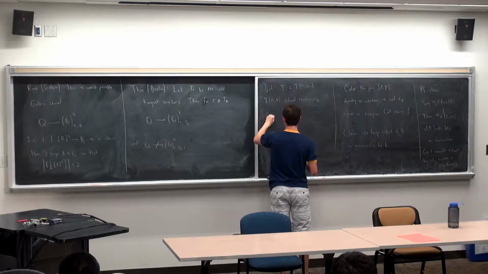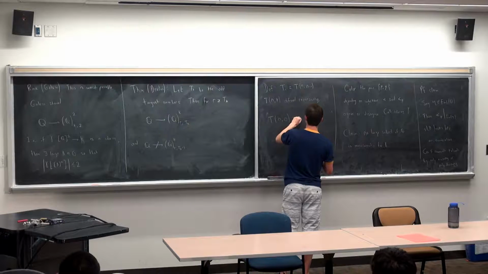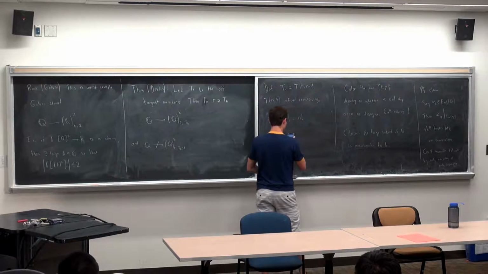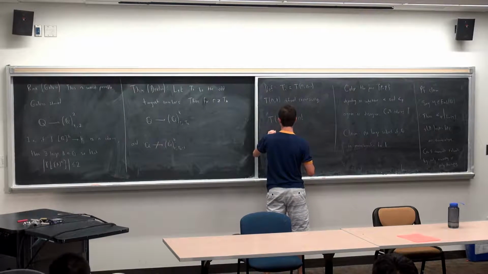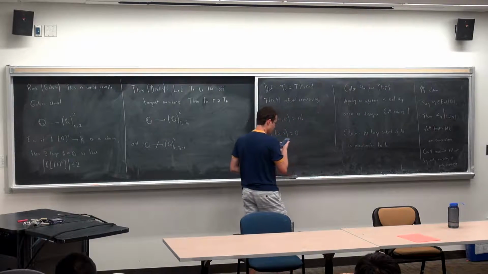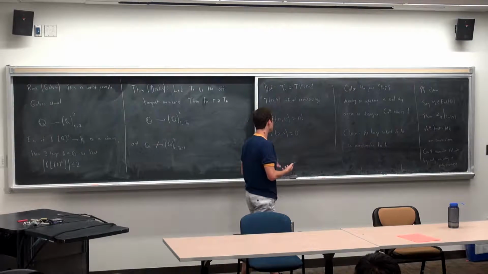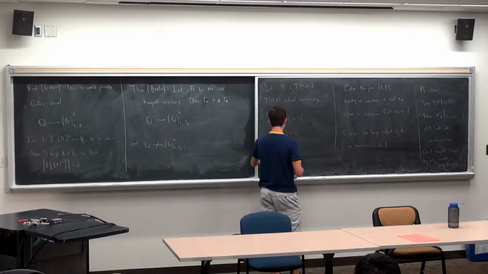Tn 0 equals n factorial. Tn k equals 0. Oh yeah, so I guess it's only defined when k is less than or equal to n.